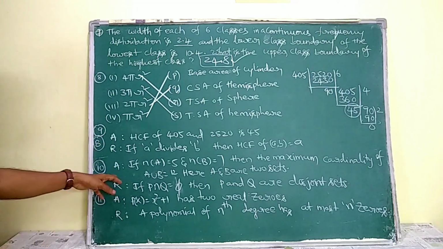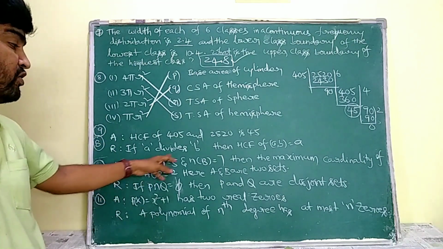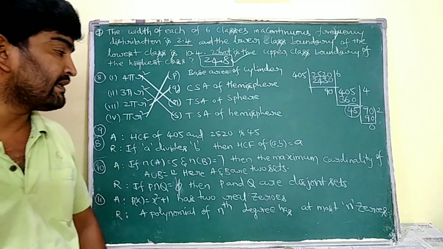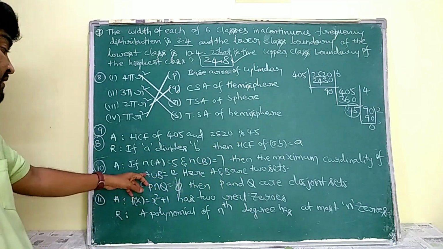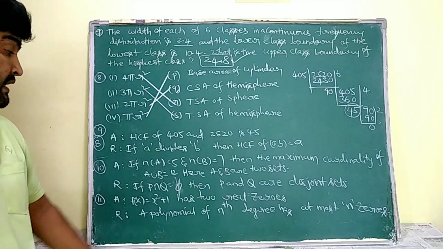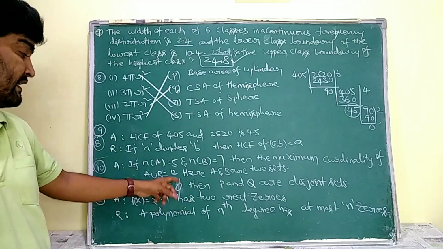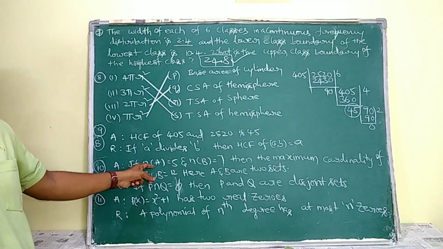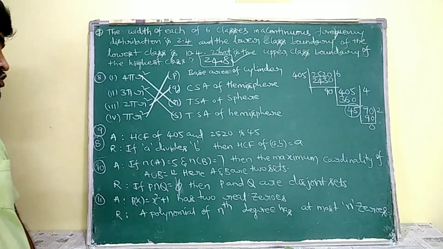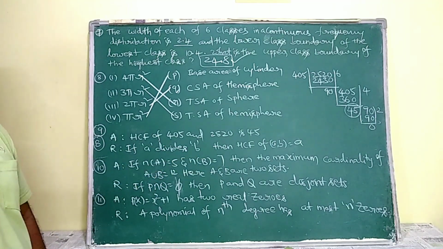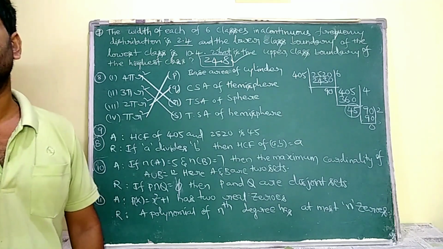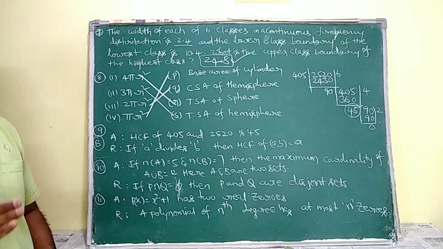Okay, now see, if number of A is equal to 5 and number of B is equal to 7, then the maximum cardinality of A union B is equal to 12. Here A and B are 2 sets. If A, B are 2 sets and n(A) is equal to 5 and n(B) is equal to 7, then A union B is going to have 12 elements in maximum.